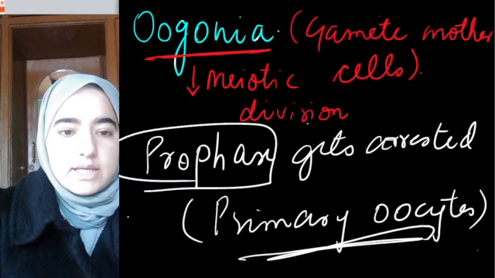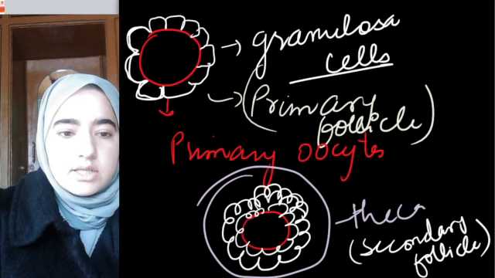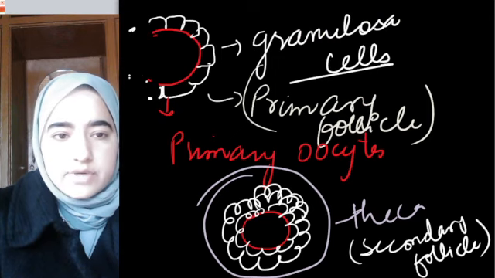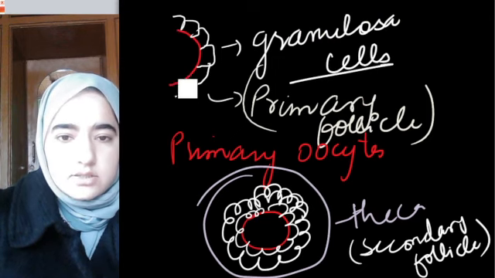Now the secondary follicle will get transformed into which follicle? The secondary follicle will get transformed into the tertiary follicle, and the tertiary follicle is characterized by its own characters. I'll clear it.